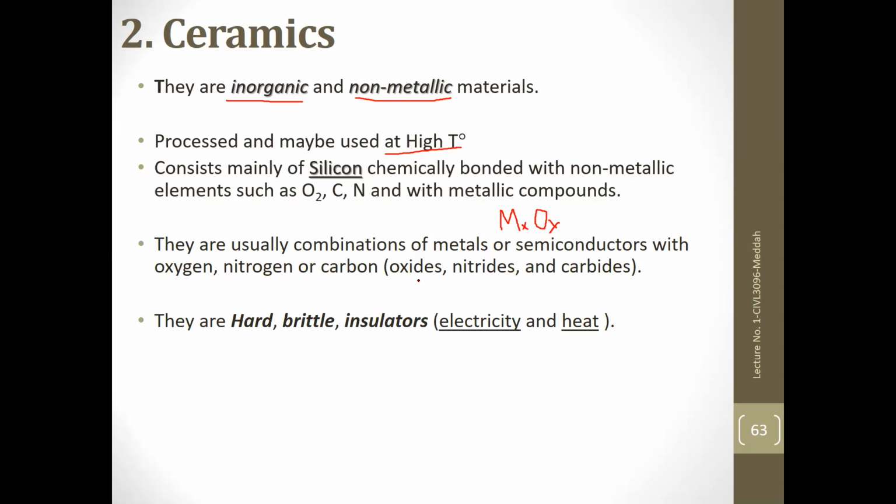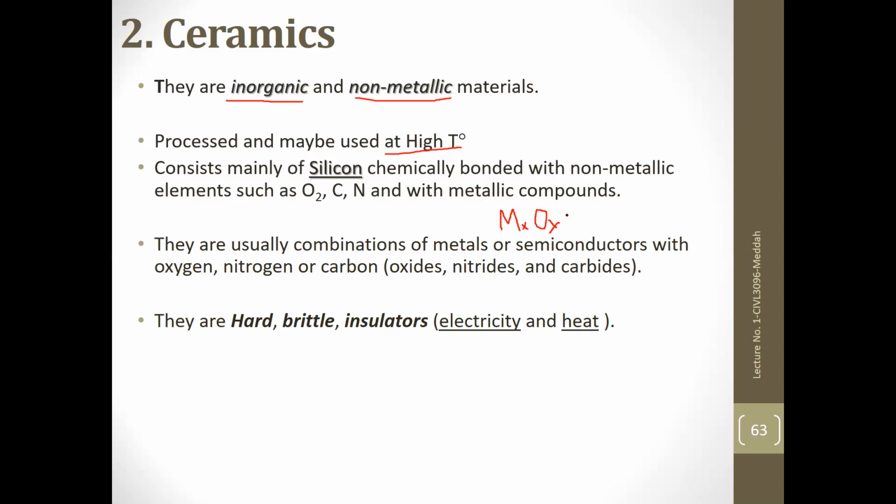So it will be an oxide if it is combined with oxygen, or a nitride if it is combined with nitrogen, or a carbide if it is combined with carbon.